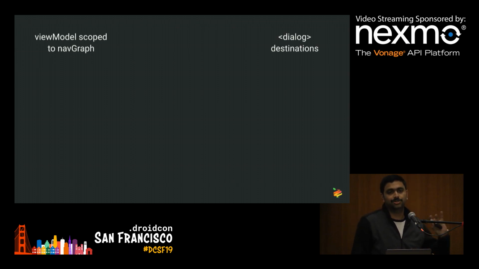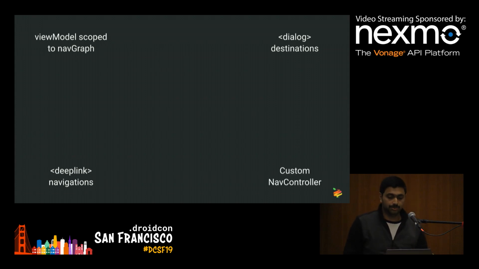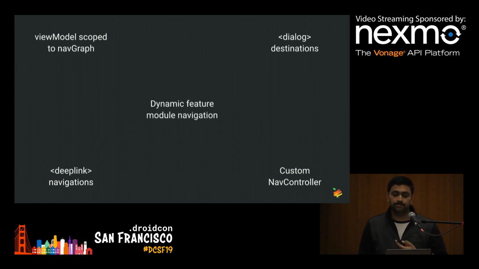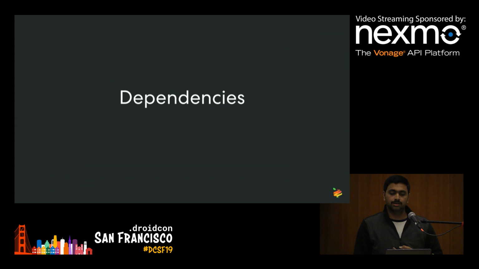Earlier, dialogs were not considered a part of your destination. Dialogs are now a part of your nav graph as well. You can provide deep link support. If you're one of a kind and want to go with custom view-based screens instead of fragments and activities, then you can have a custom nav controller where you can support custom view-based navigation as well. And in 2.3, we also have the dynamic feature module, which was introduced just last month.